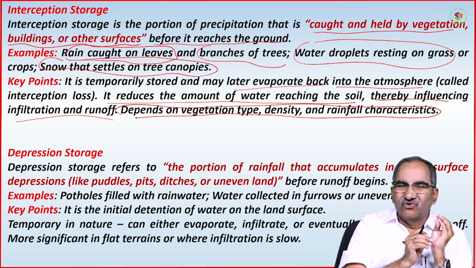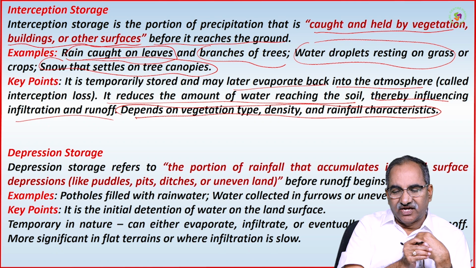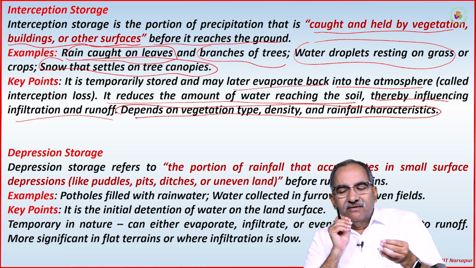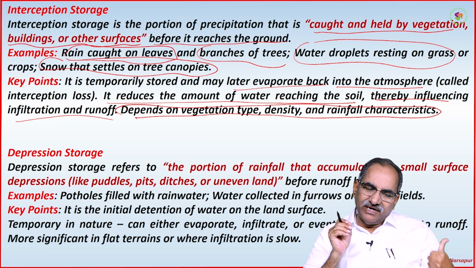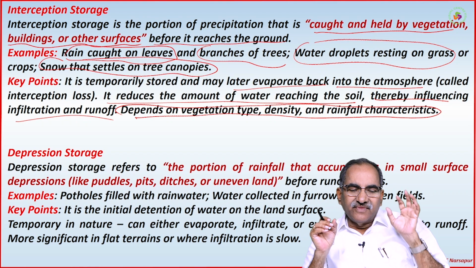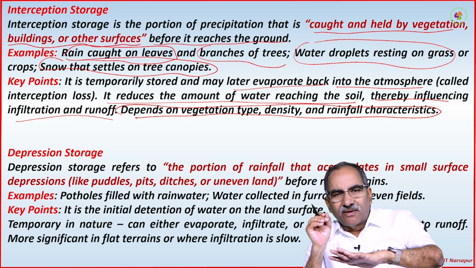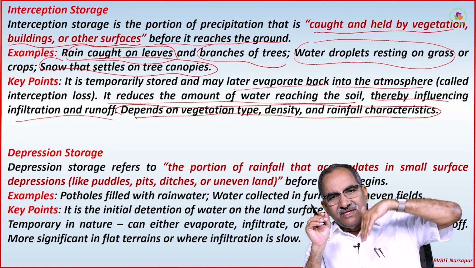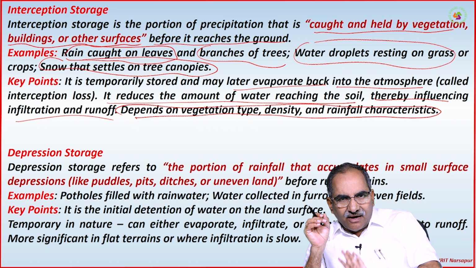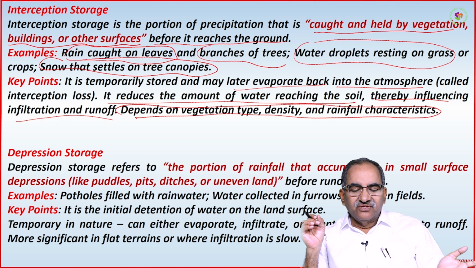Of course, this storage is very minimal, but for the definition you need to understand it: the portion of the precipitation that is intercepted by vegetation or buildings or other surfaces before it reaches the ground. That is what we call interception storage. This storage is temporary and naturally will be evaporated into the atmosphere, but it won't come as part of runoff or infiltration.